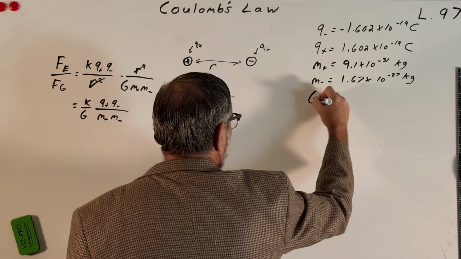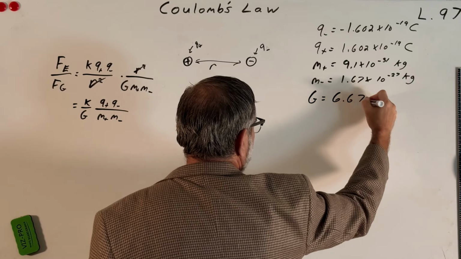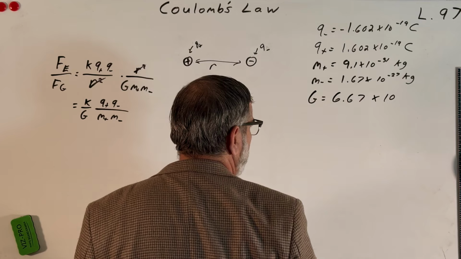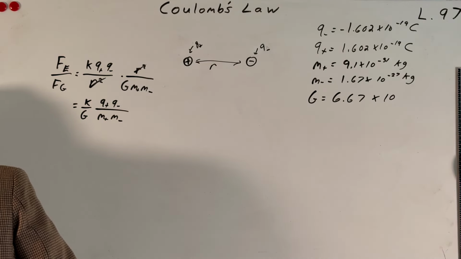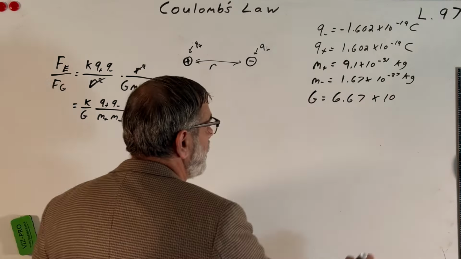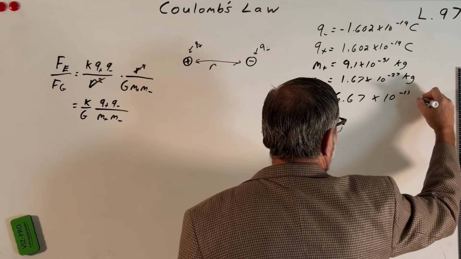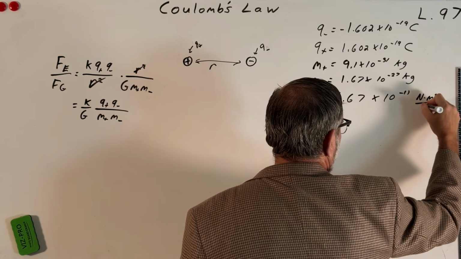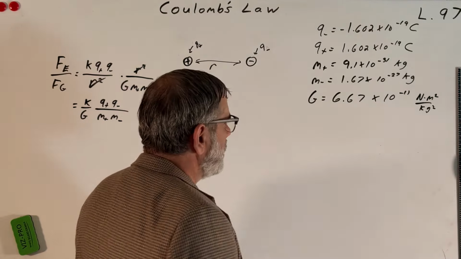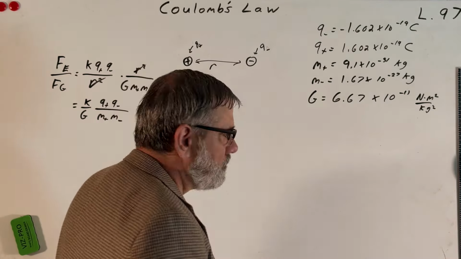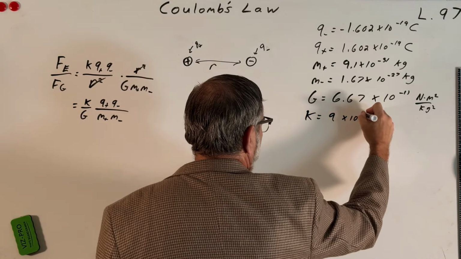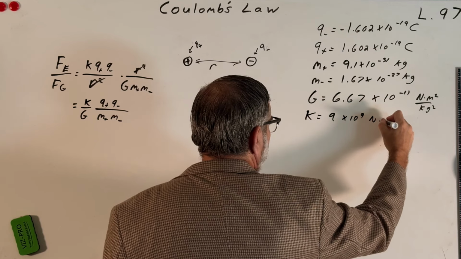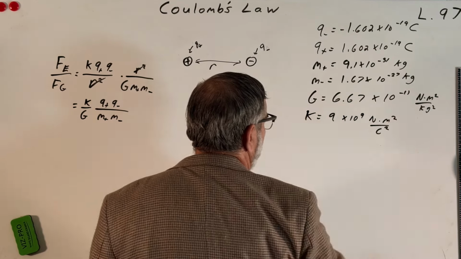We need big G, which we probably remember from last semester, is 6.67 times 10 to the minus 11 newtons meter squared per kilogram squared, just to put the units in. And then we had K, which is 9 times 10 to the 9 newtons meter squared per coulomb squared.